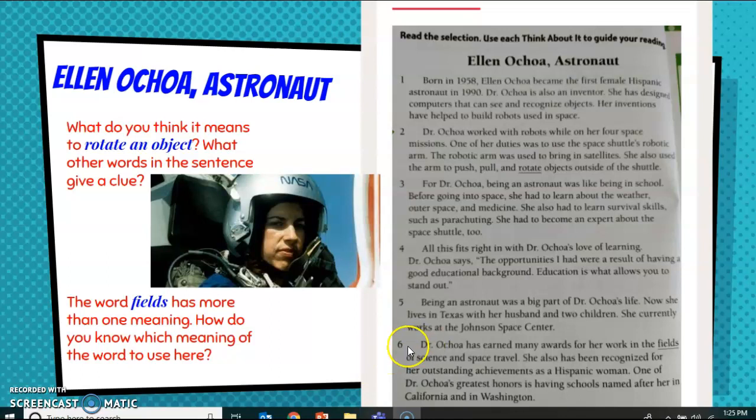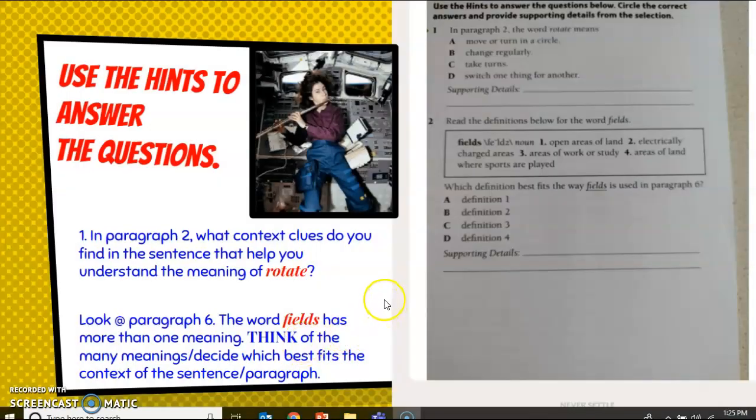I reread the first sentence of paragraph 6. Dr. Ochoa has earned many awards for her work in the fields of science and space travel. Right there, it's giving me examples of fields or areas of study. Okay?